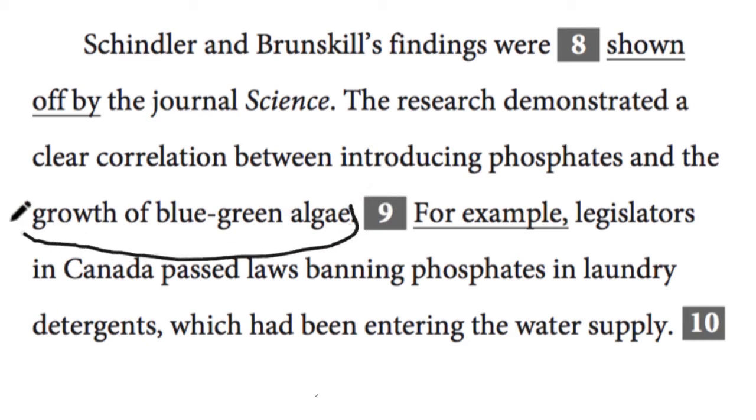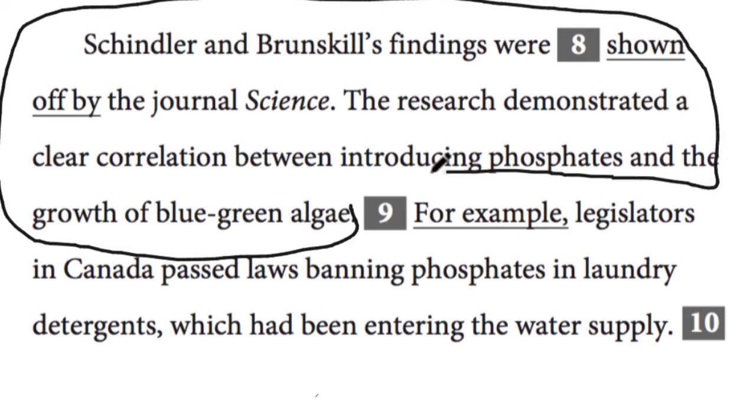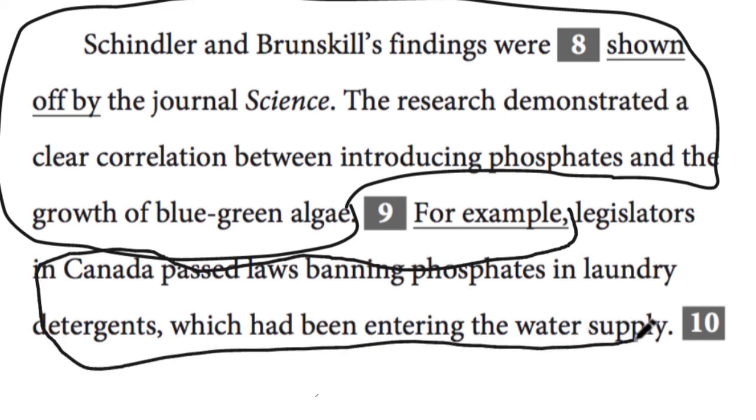Circle that right here so we can kind of identify it. That's the idea before the underlined phrase. After the underlined phrase, it says, legislators in Canada passed laws banning phosphate in laundry detergents, which had been entering the water supply. Okay? So this is the idea after the underlined phrase.